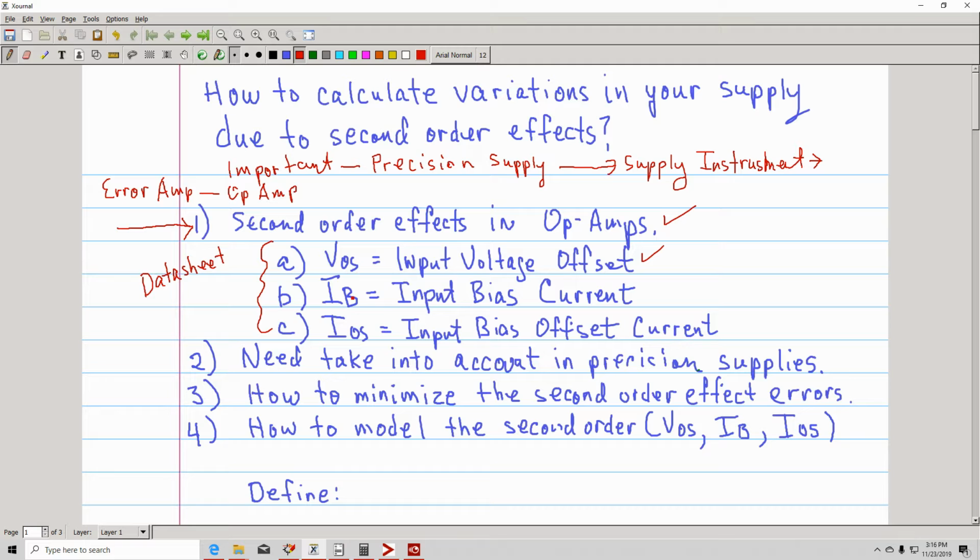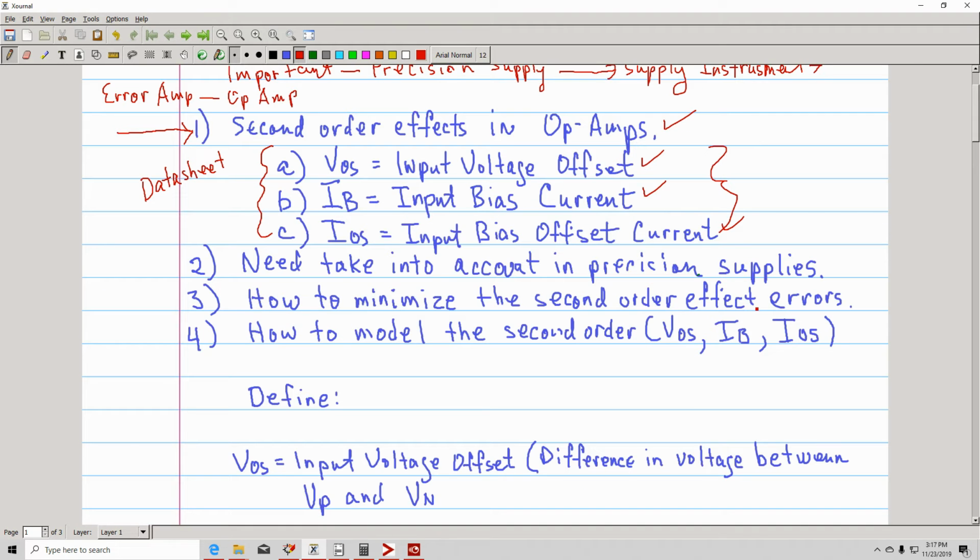Second is IB, the input bias current, and then you have IOS, the input offset current. These are the basic op amp parameters that we're going to be taking a look at.